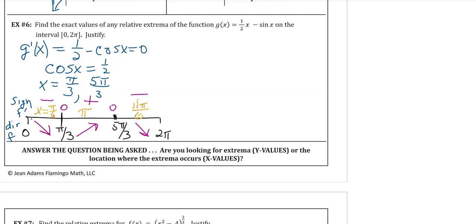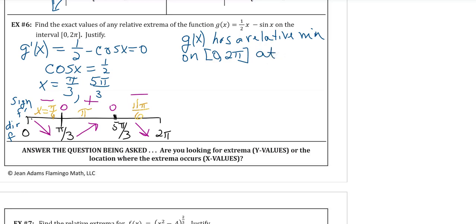Okay, so what we can say then is that g of x has a relative min on 0 to 2 pi at x equals pi over 3, since g prime of x is less than 0 and then greater than 0.